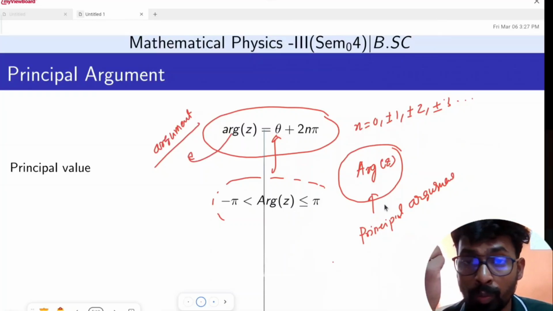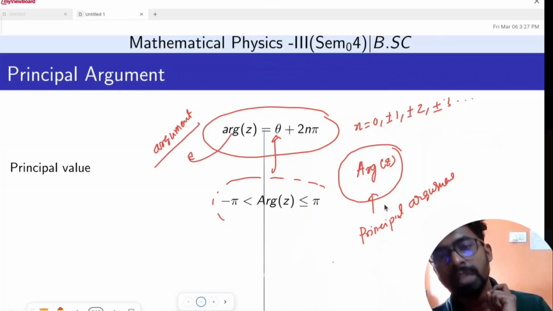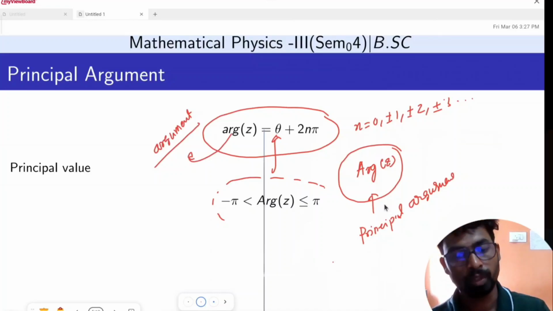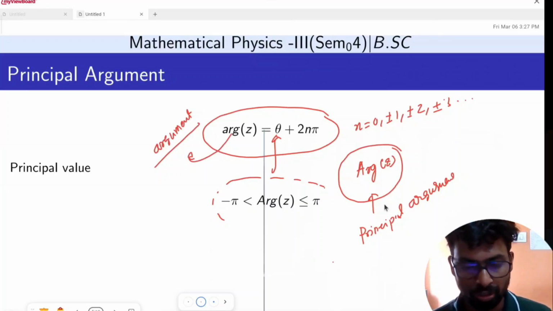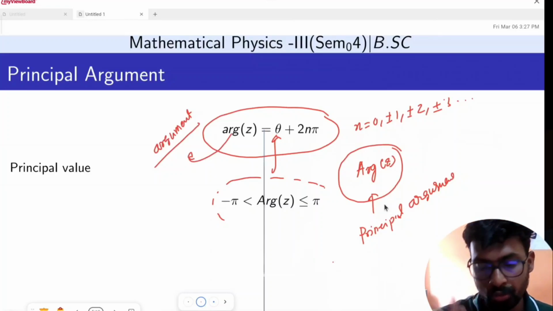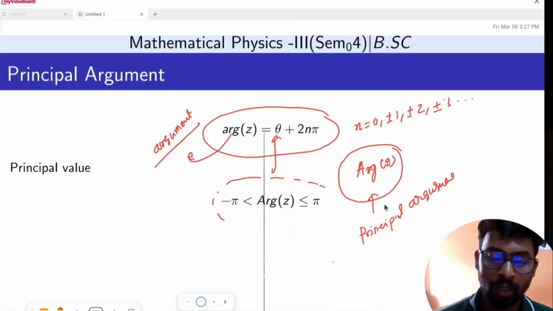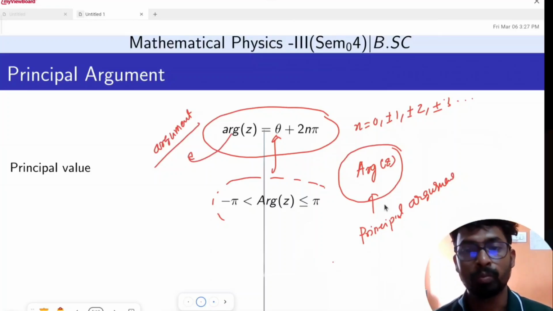The principal argument has a value from minus pi to plus pi. It is limited within minus pi to plus pi, but the argument of any complex number is not limited. You just remember these two concepts. The argument of z is theta plus 2n pi, and the principal argument is limited within minus pi to plus pi.